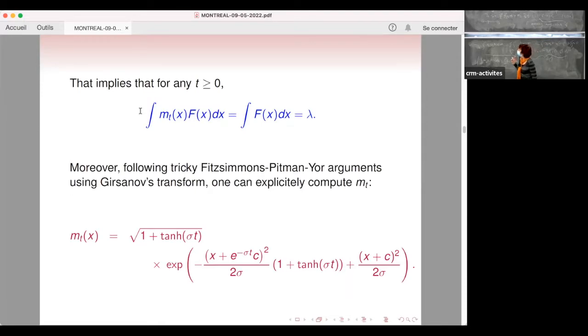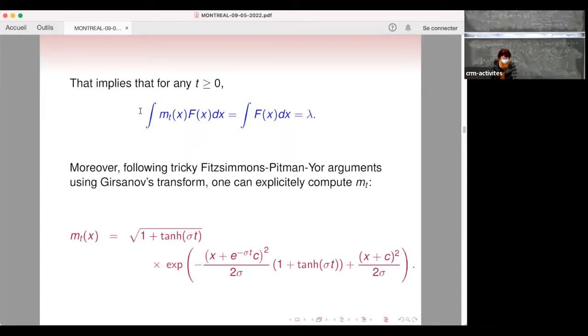I have no time to develop that because it's very technical, but it's an accumulation of this Sanoff transform, in fact. In this Gaussian case, we were able to obtain an explicit formula for m_t of x. That's due to an argument of Fitzsimons, Pitman, and Yor, which we applied on this specific functional.